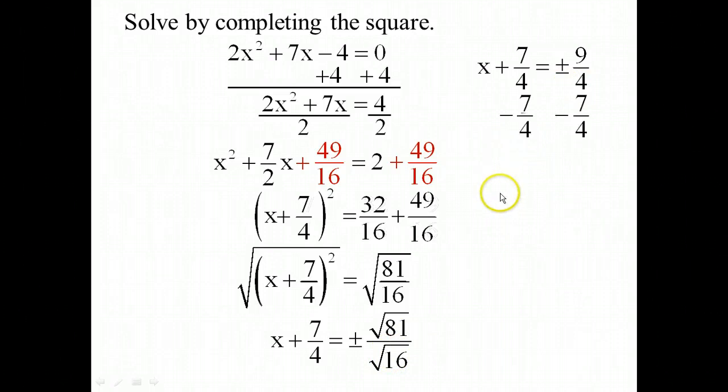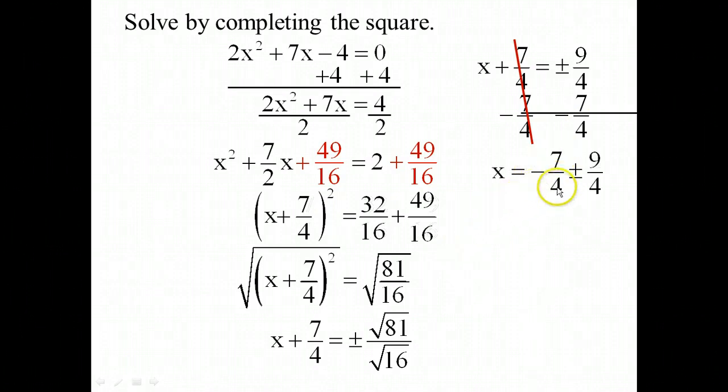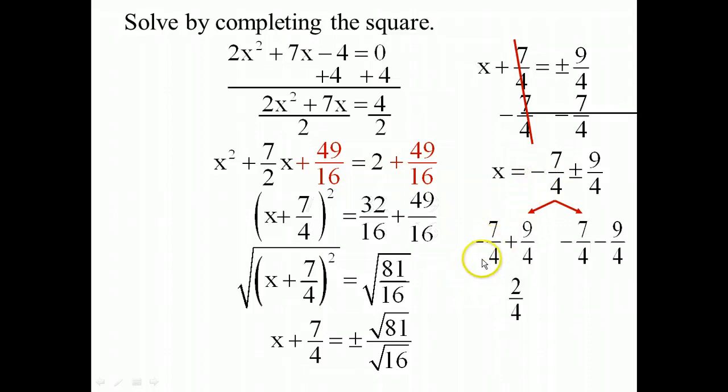And it's the same old steps that we did before. We get negative 7/4 plus or minus 9/4, which just means two answers. Negative 7 plus 9, 2. Negative 7 minus 9, negative 16.